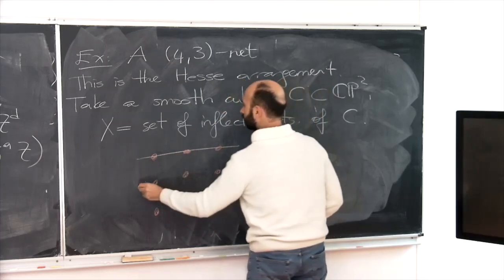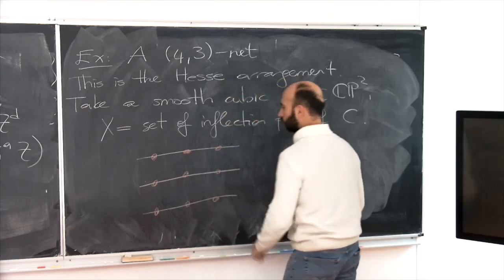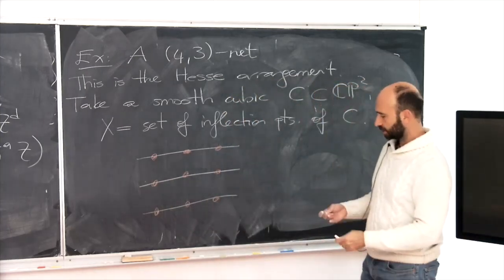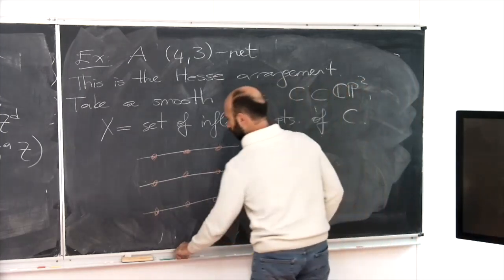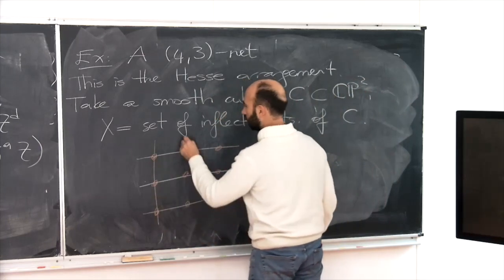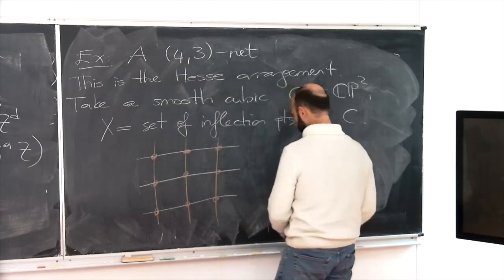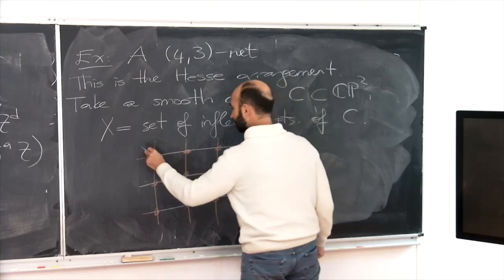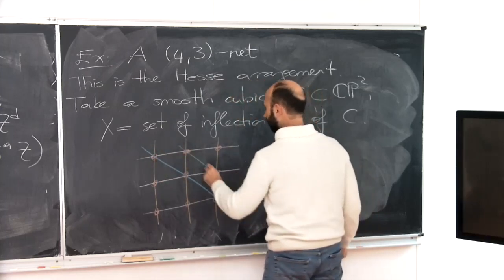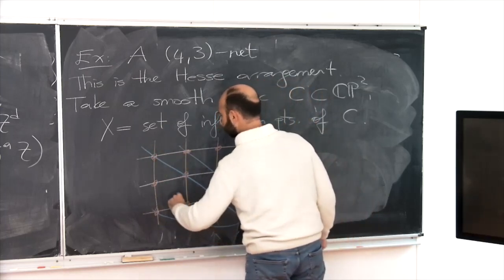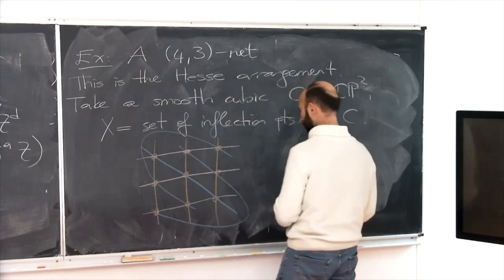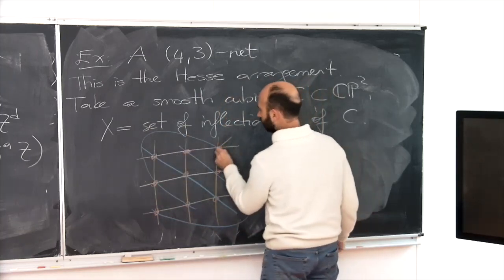So you have one class of lines like this, let's say A1, and then a second class A2, yet a third class A3 like this, and also a fourth class.